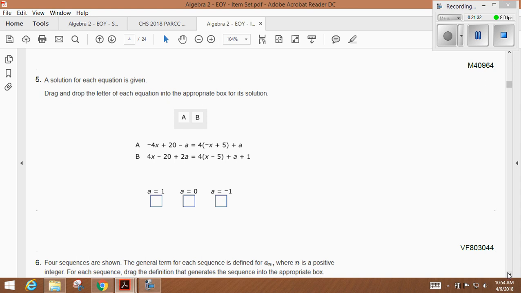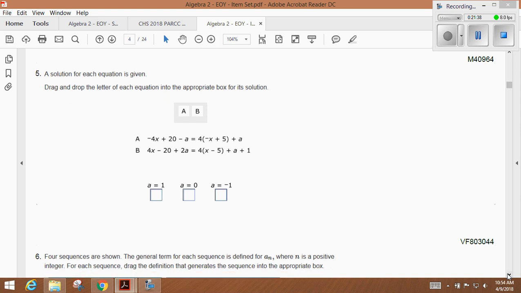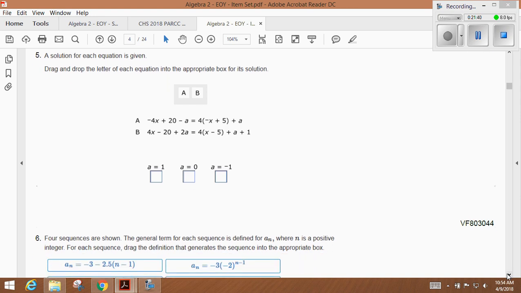Number 5. It says the solution is given. It wants us to match. So in other classes, it was pointed out to me that it seems like the easiest way to do this problem is to just plug the numbers in for x and see if they work, right?